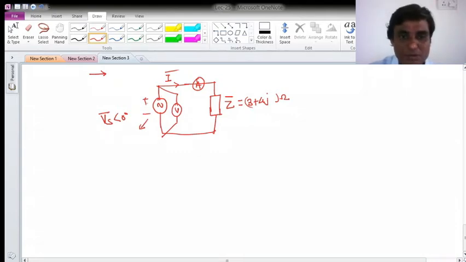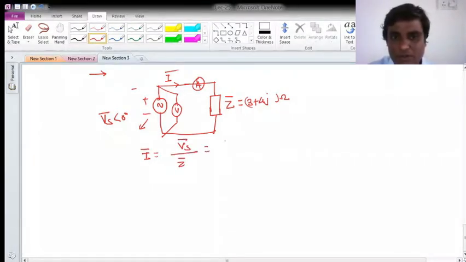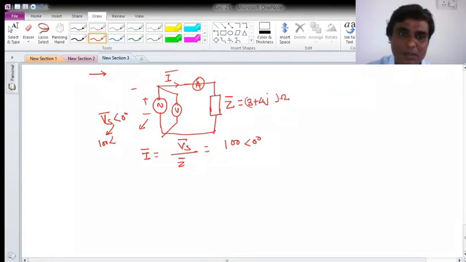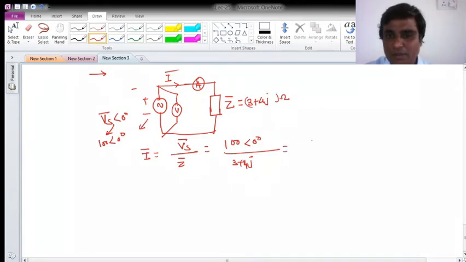Now I would like to calculate my I phasor, active power and reactive power. So what will be my I phasor? It will be Vs phasor over Z phasor. So Vs is say 100 with angle 0 degree, and Z is 3 plus 4j. If you solve it, it will be 100 angle 0 degree over 5 with angle tan inverse of 4 by 3.